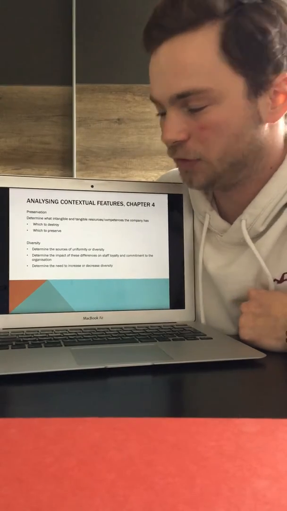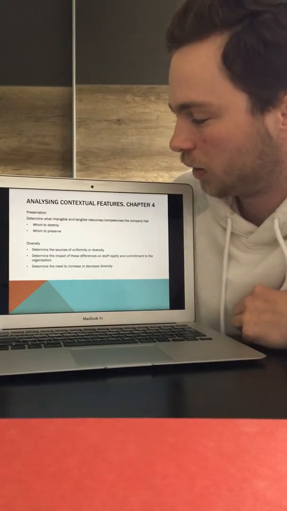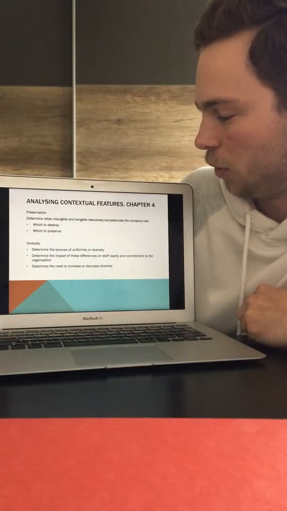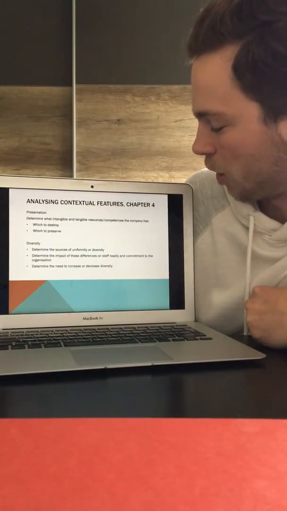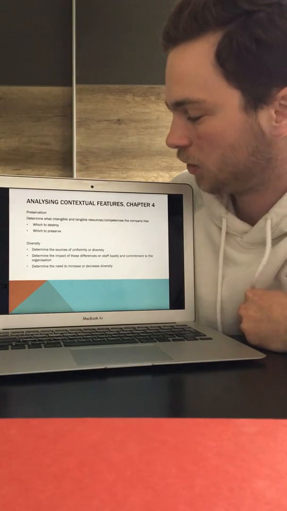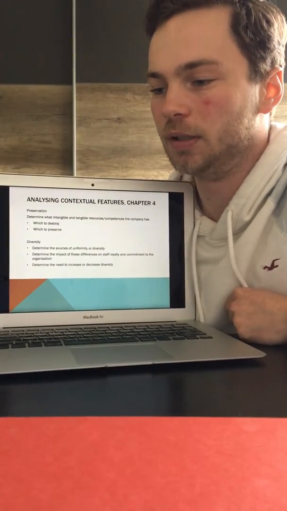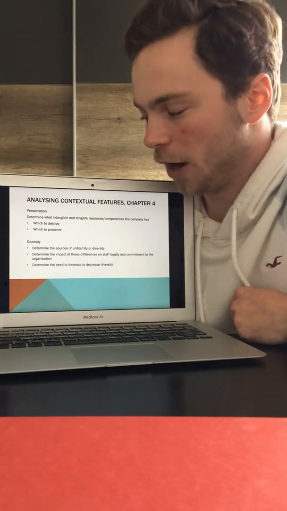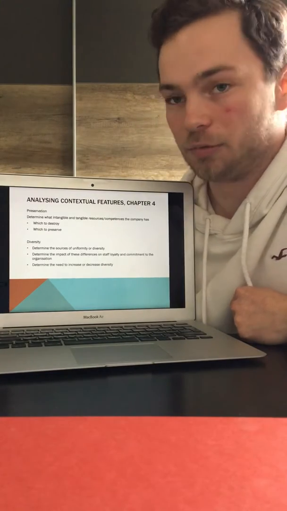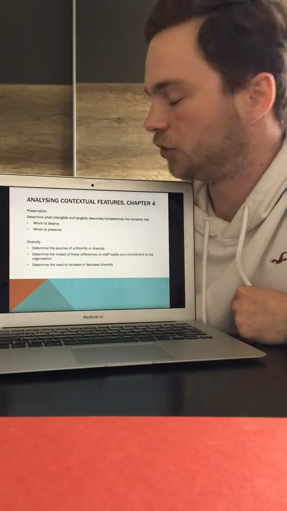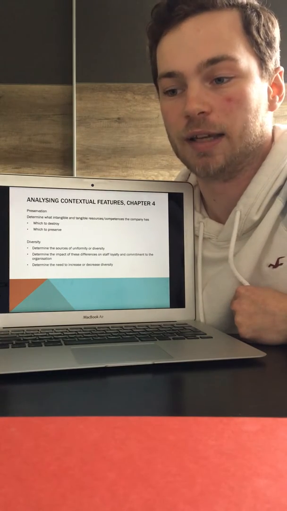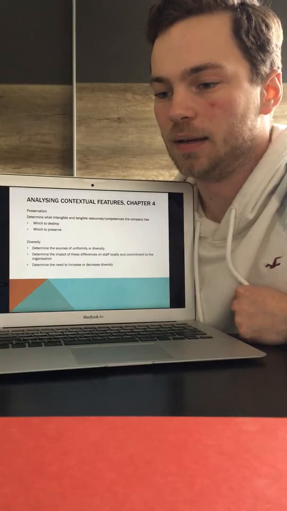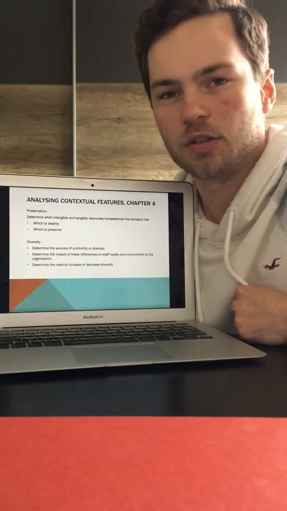Then you have preservation. This is the third one. This is to determine what intangible and tangible resources and competences the company has. Tangible ones might be equipment or products. Those are resources, but you also have intangible resources like trust and customer service.